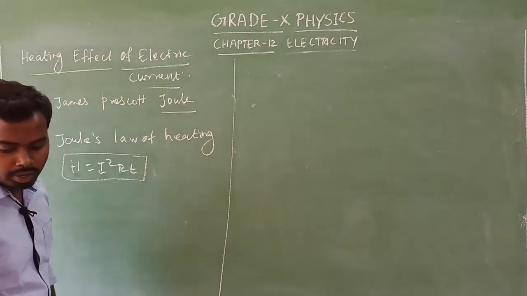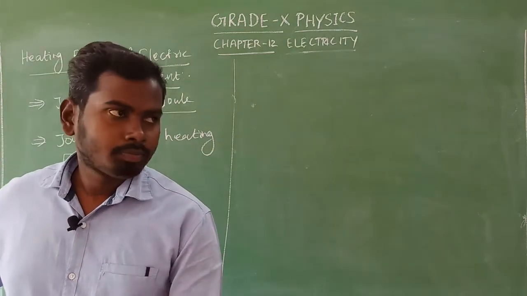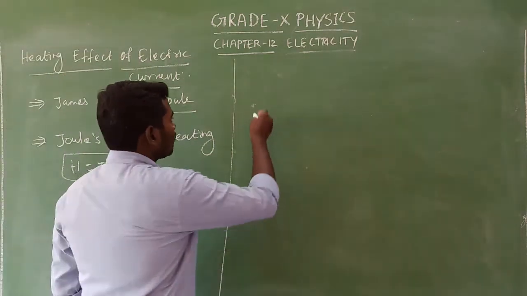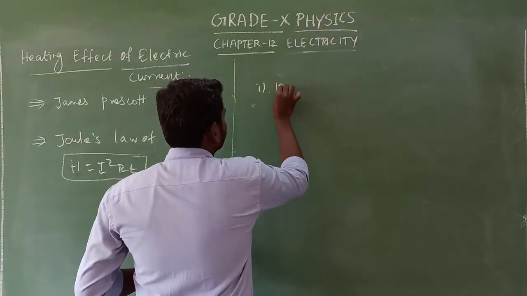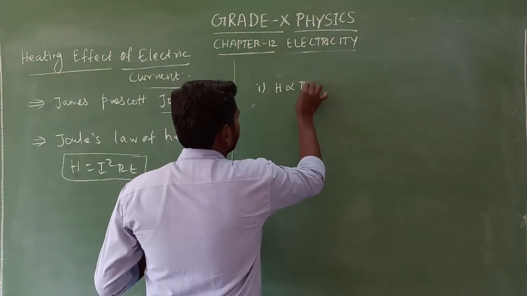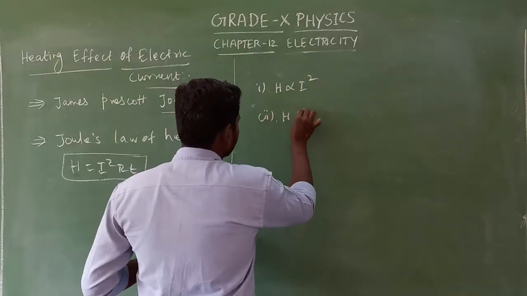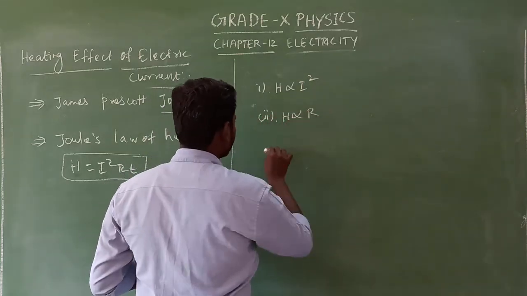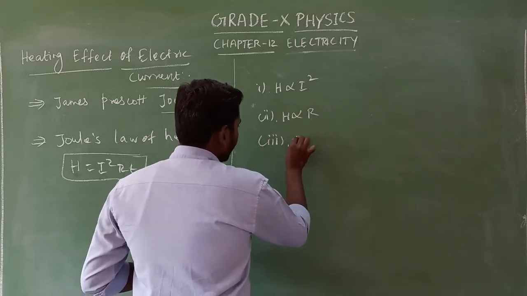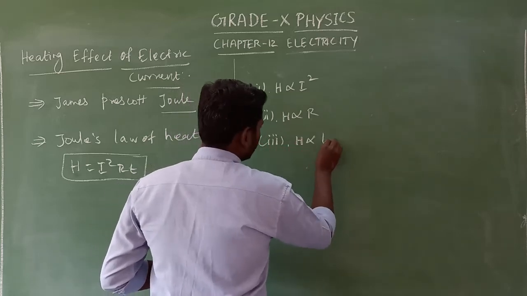H equals I squared R t, which means, look at here. First, H is directly proportional to I squared. Second, H is directly proportional to resistance. Third, H is directly proportional to time.